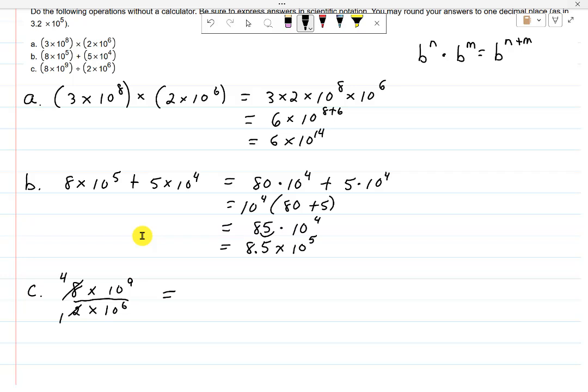Now for the other two, when you have the same base to an exponent divided by the same base to an exponent like this, you could subtract the exponents. So in here I have a 4, and then I could do 10 to the 9 minus 6, or 4 times 10 to the 3rd power, which is just 4,000.